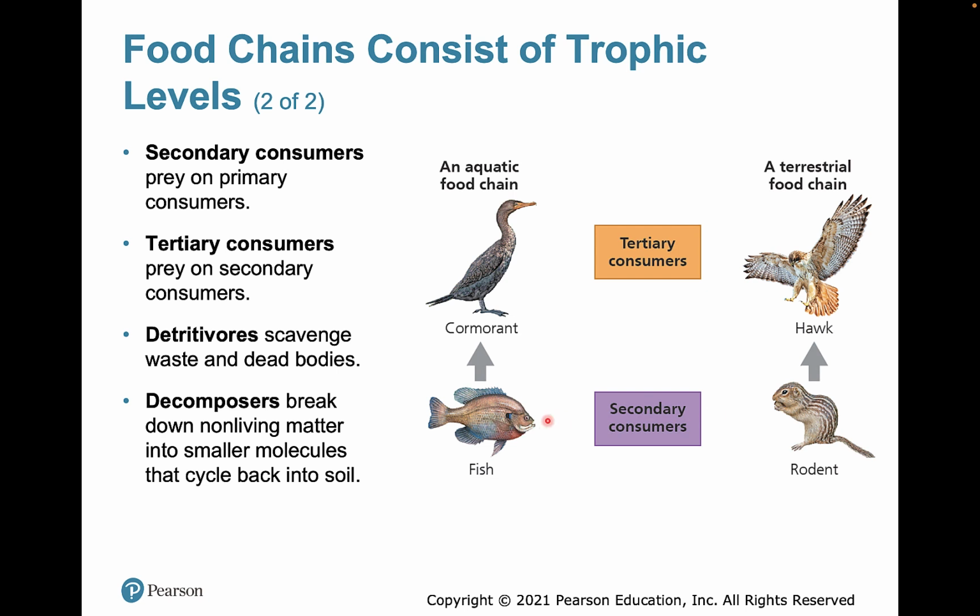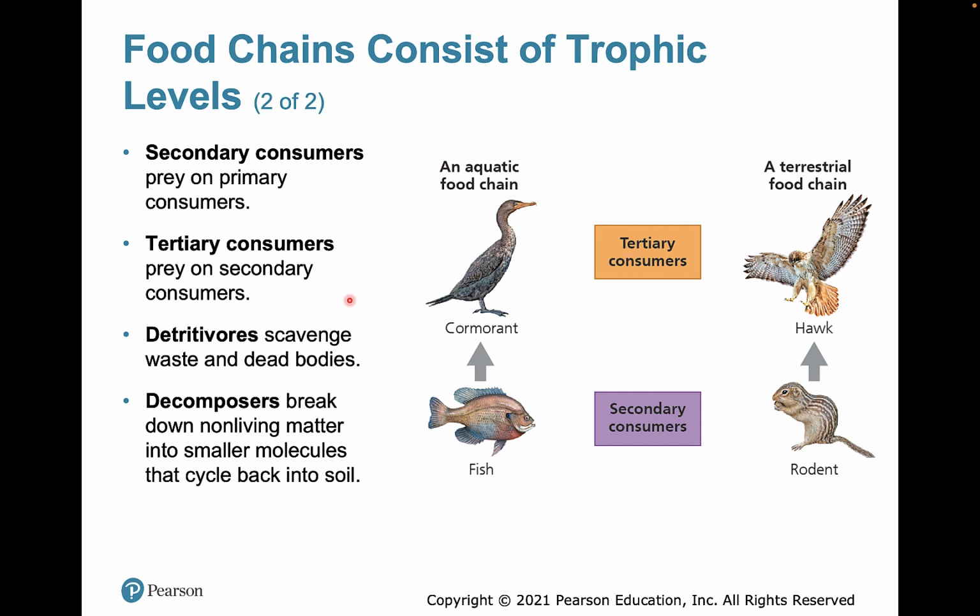These are your first order carnivores. Okay, in the aquatic ecosystem, it's a fish. In the terrestrial ecosystem, it's a rodent. This is a chipmunk. And then you can go up even further in the aquatic and terrestrial food chains and hit tertiary consumers. Okay, they eat secondary consumers. So tertiary means third order.